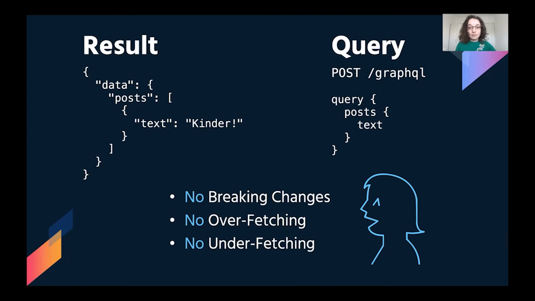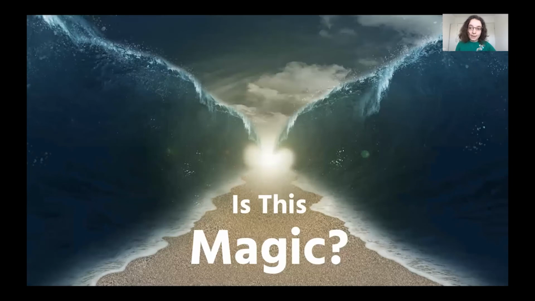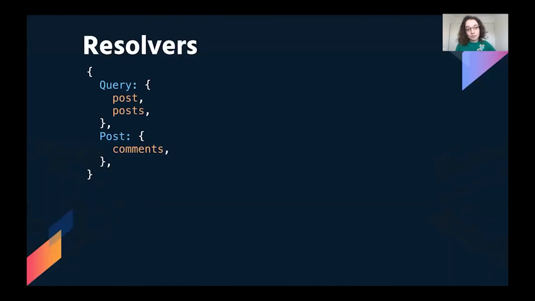Now, you may be asking yourself, how does this work? How come GraphQL doesn't calculate comments unless we explicitly ask for them? How is it implemented? Is this magic? Well, no, it's resolvers. And let me show you the TypeScript implementation of our resolvers for the feed.